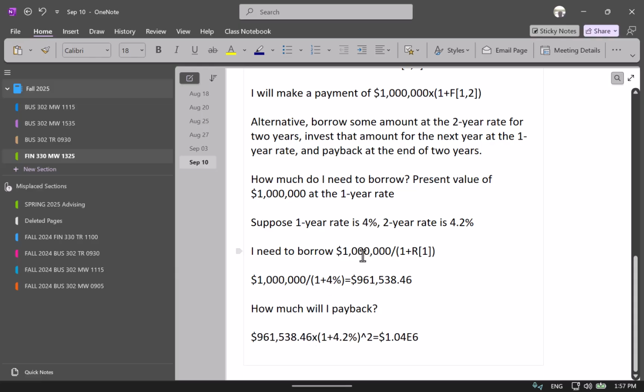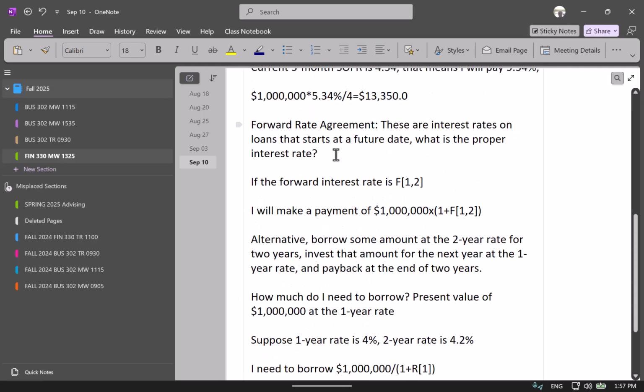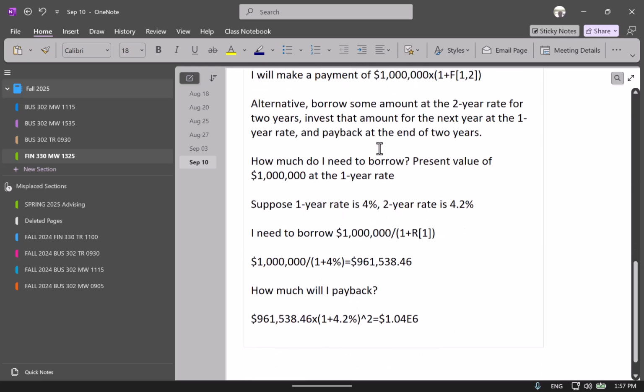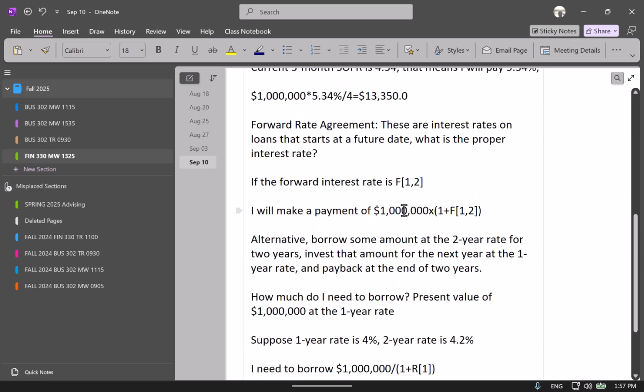To make things simple, let's make this 100,000.